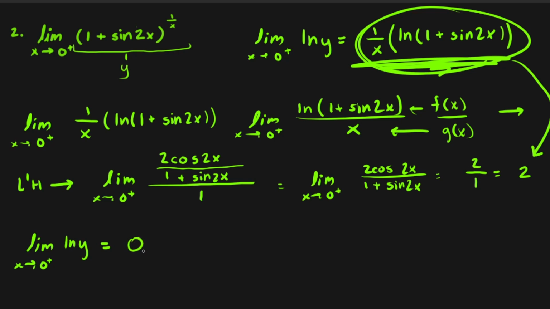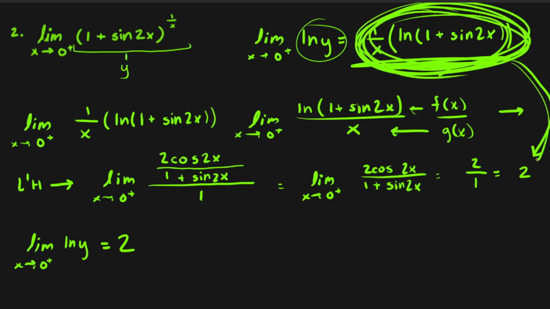So we're going to put 2. Again, this is equal to this, and we just found the limit of this, and it's 2. So the limit as x approaches 0 from the right of the natural log of y equals 2.